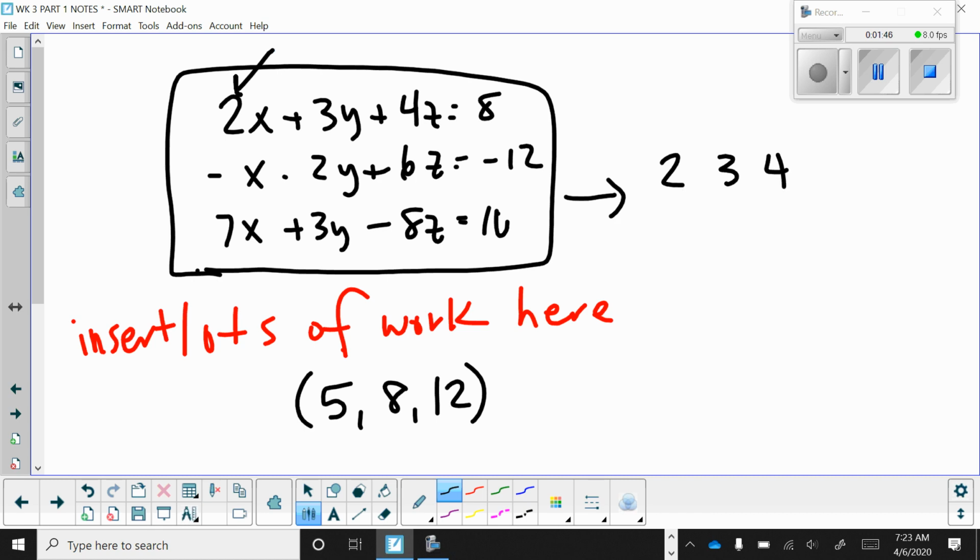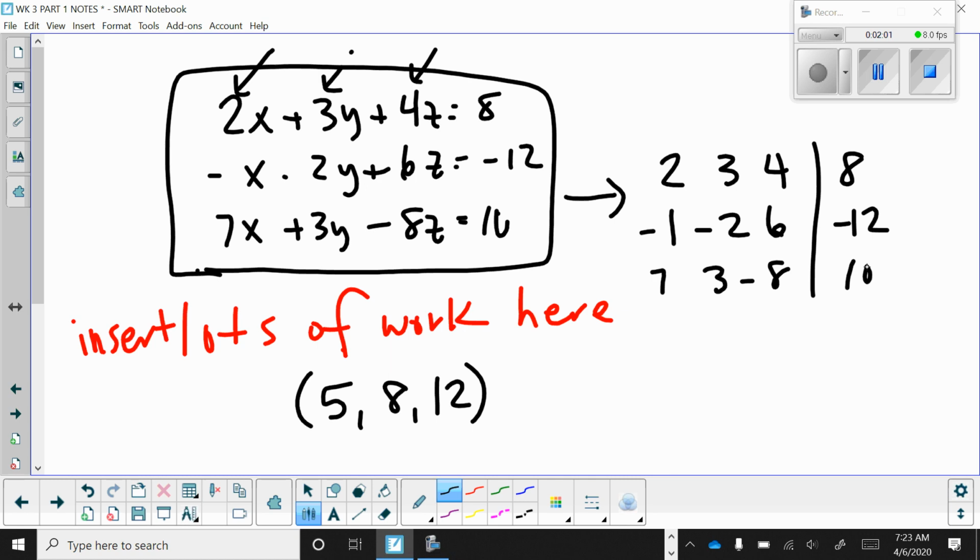Notice those are my coefficients here. And then 8. And then on the next row, -1, -2, 6, -12, 7, 3, -8, 10. So notice what I did here is I removed the variables. I have this bar here where the equal signs were.